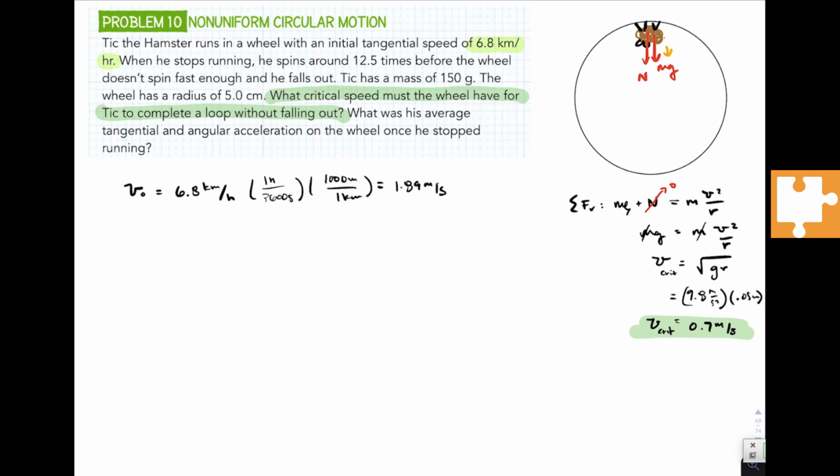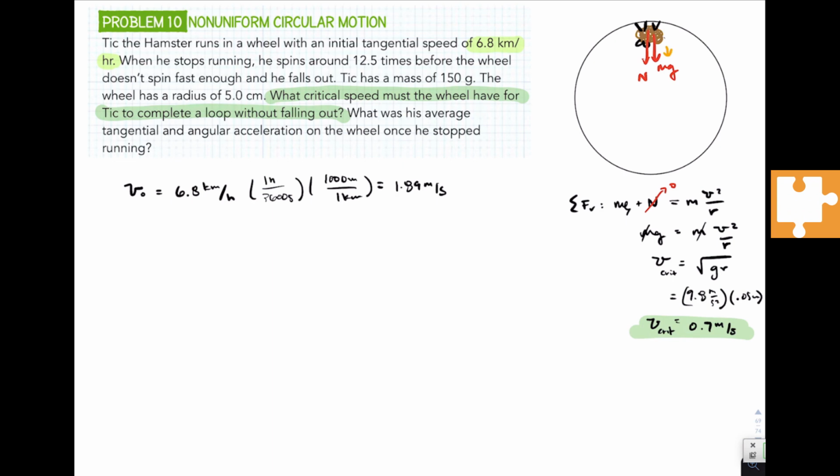What's our final speed? It's the critical speed, right? Because we know the speed the hamster starts at. Before that, he's running. So the start of this problem is when he stops running, he gets stuck and starts spinning around on the wheel, okay?